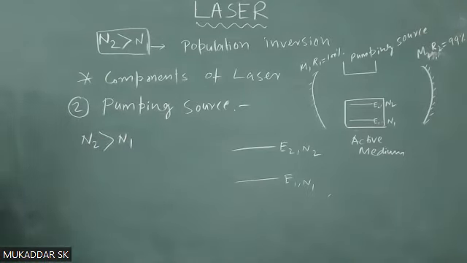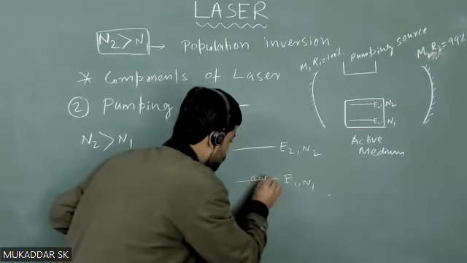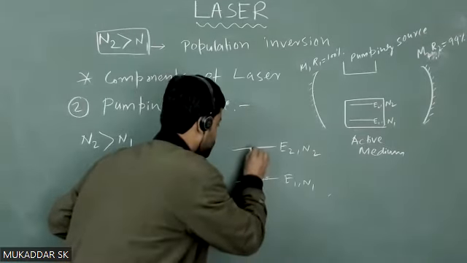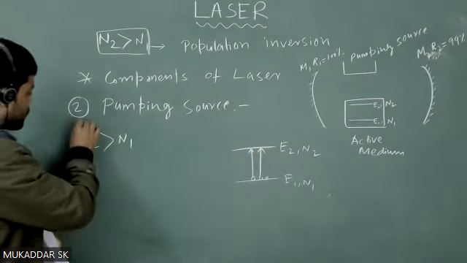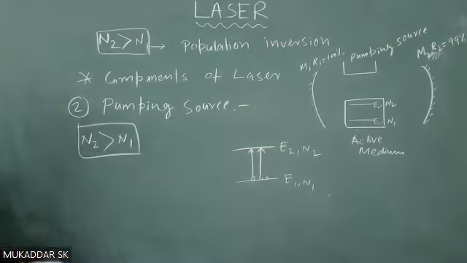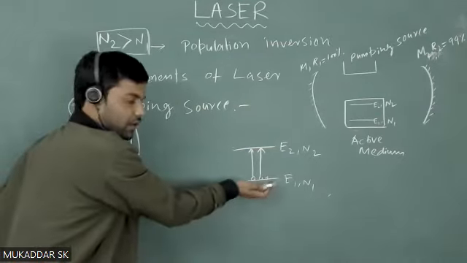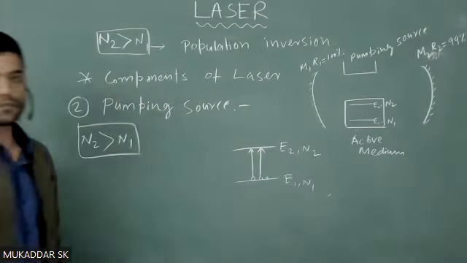So what we have to do is pump the atoms from the ground state to the excited state. To produce laser, we need to achieve this condition, but initially atoms like to stay in the ground state to minimize energy. So we have to pump these atoms by using a pumping source.